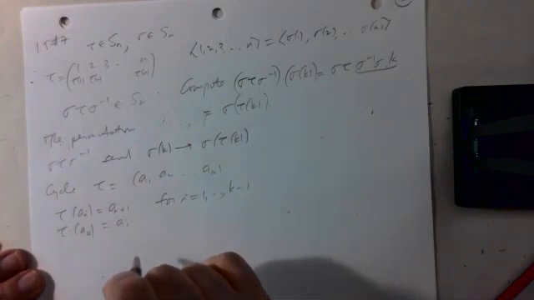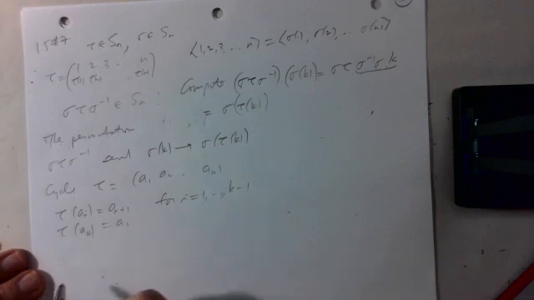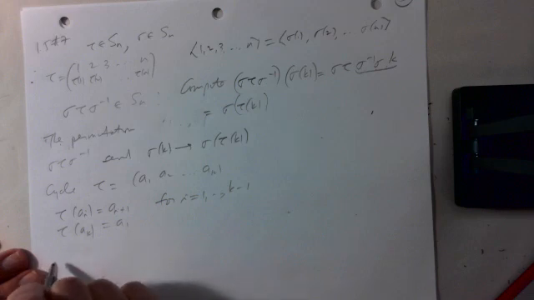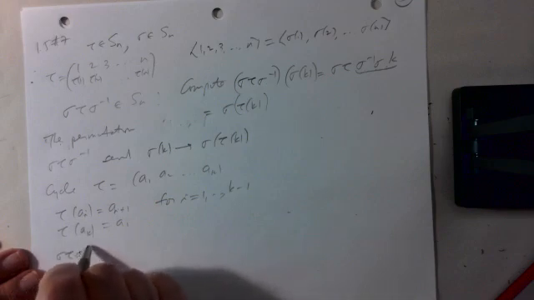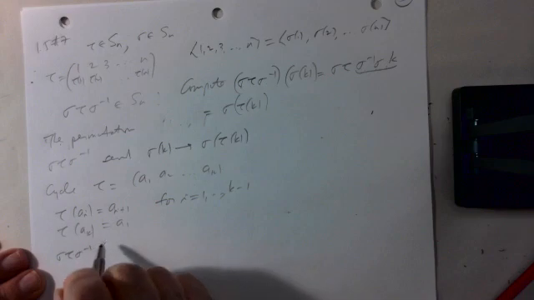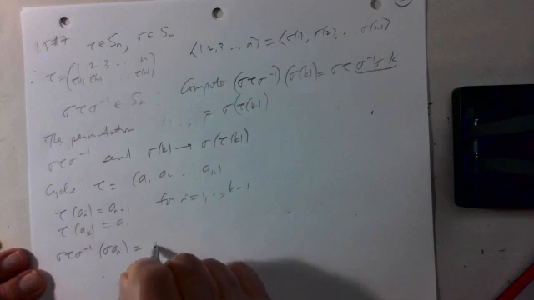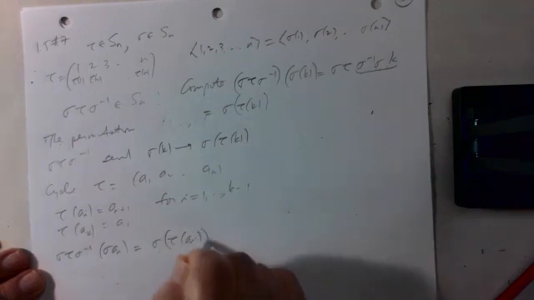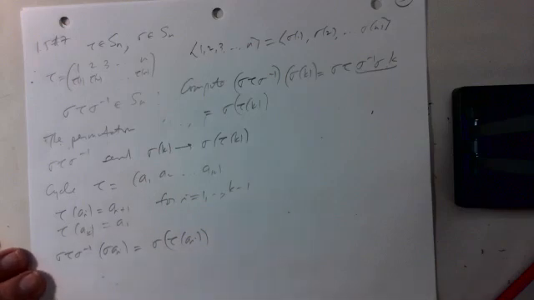So sigma tau sigma inverse applied to sigma of some Ai is sigma of tau of Ai. See, how do I want to say this?